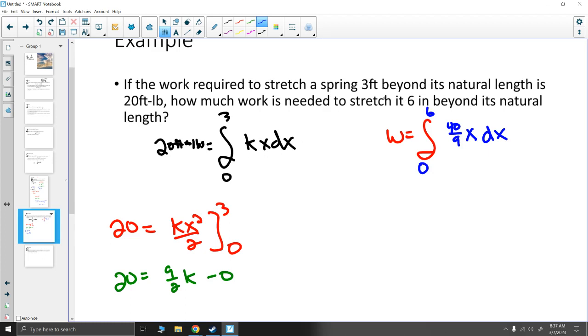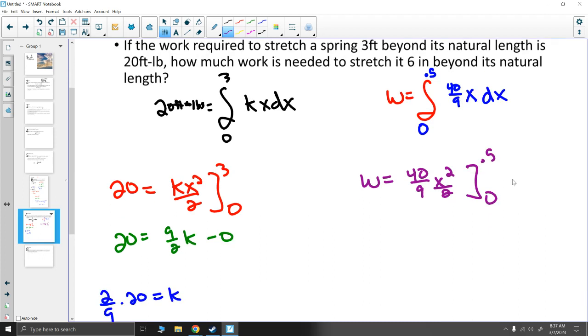These are all in feet. 6 inches is going to be half a foot. So 0.5 or 1/2. So the work is going to be 40 over 9 x squared over 2 from 0 to 1/2. That's easier for me.